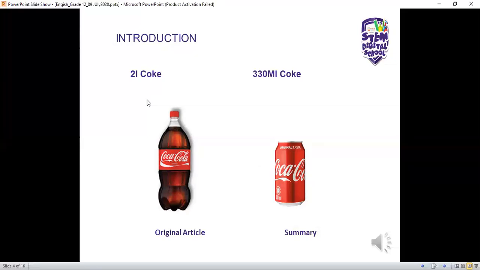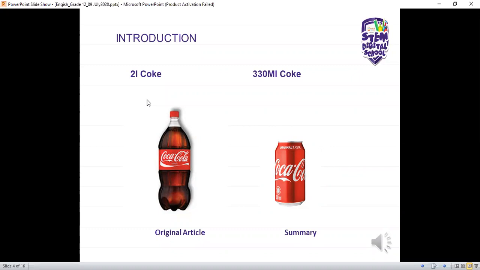But before we go further with that, a summary is a shortened version of any text. When we summarize, we normally use articles.